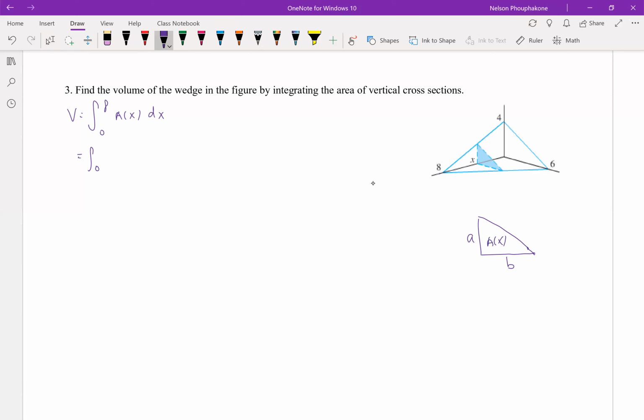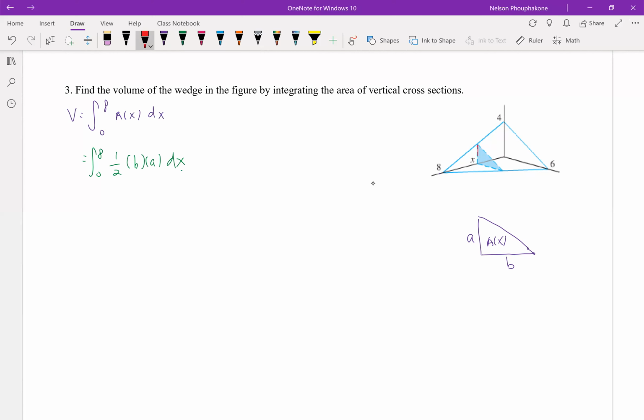In this case, A(x) is 1/2 base times height, dx. It actually is again b times a divided by 2, right? But because we need to integrate depending on x, I need to find the expressions where b depends on x and a depends on x. Okay, so let's see if we could do this.